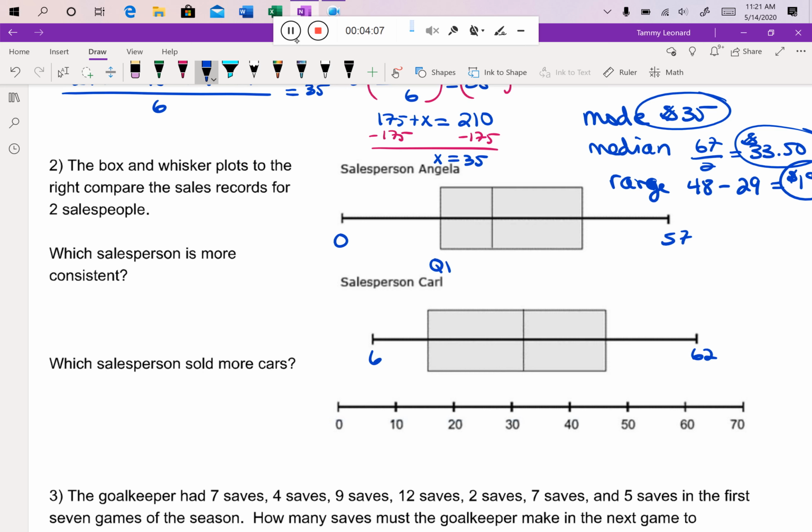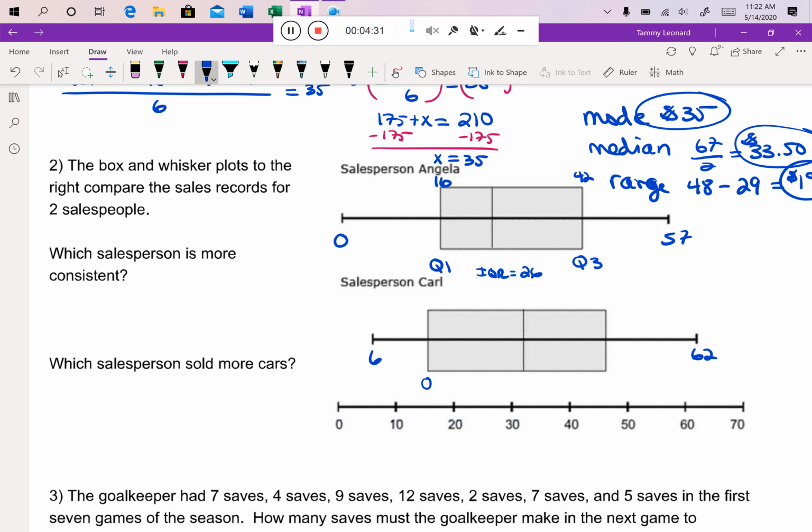The first quartile value for Angela looks like it's around 16. And the third quartile looks like it's around 42. If we subtract those, we can see that the IQR, the interquartile range, is 26 if we do 42 minus 16.